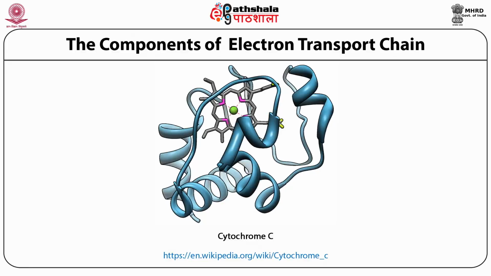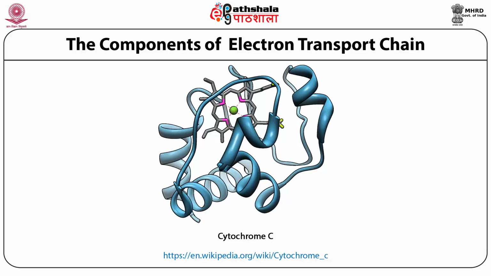Cytochrome C. Electron transfer by the cytochromes involves a reversible oxidation of these iron atoms, as shown in the equation.